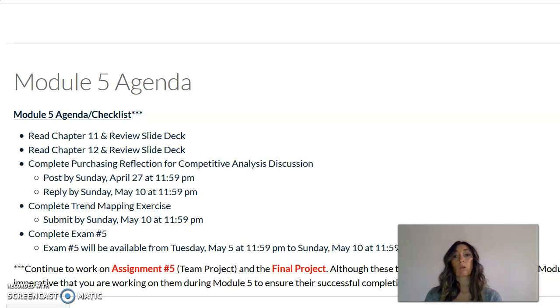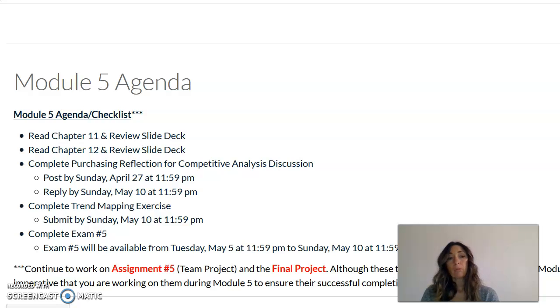That means that you will develop an initial post by April 27th at midnight. You will reply to at least 2 other people by Sunday, May 10th at midnight. You'll complete the trend mapping exercise for Chapter 12, which will be due Sunday, May 10th at midnight. And you will complete Exam 5, which will be available from Tuesday, May 5th to Sunday, May 10th at midnight.